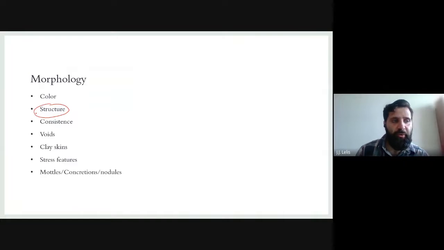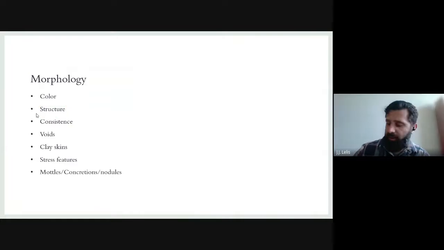And if you can register in that soil, in that horizon or layer, a high content of organic matter or a low content of organic matter, the structure tells us a lot about all these conditions.